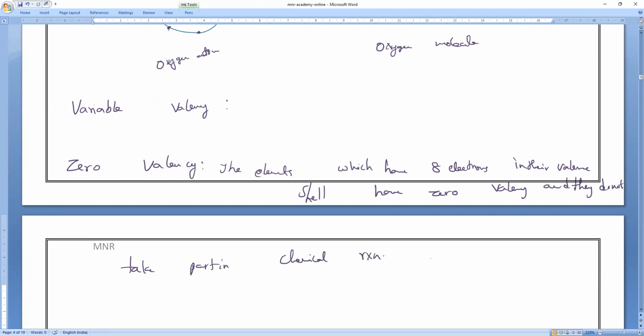They do not take part in chemical reactions. So they are basically called zero group elements.